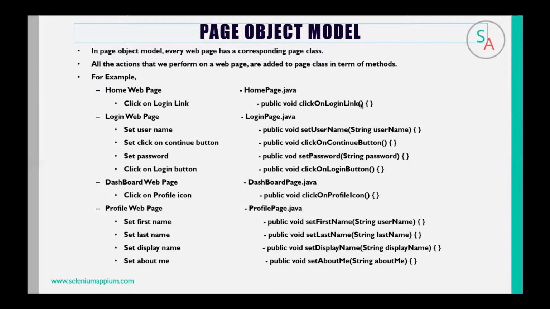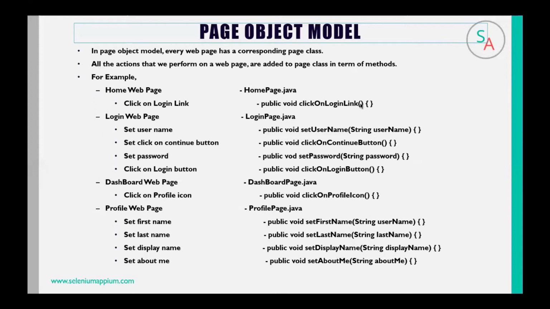So in case there is any change in that web page, for example, the username locator got changed or password locator got changed, or any other changes happened to that page, in that case you need to go to the corresponding page class and modify the code.